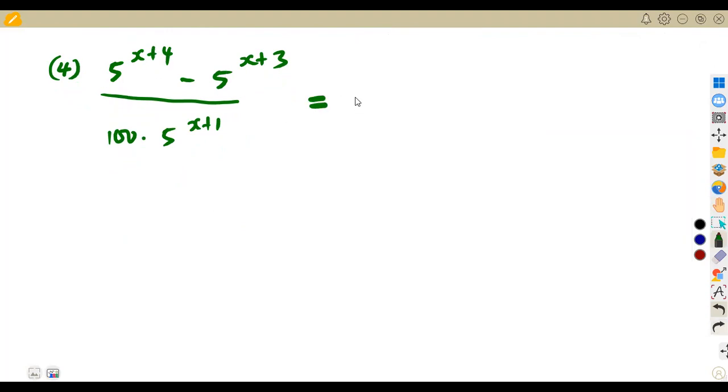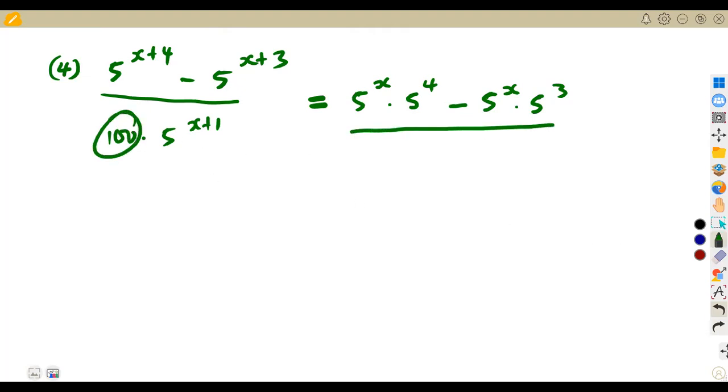So I'm multiplying, so I'm going to have 5 to the exponent of x multiplied to 5 to the exponent of 4 minus the same here, 5 to the exponent of x multiplied to 5 to the exponent of 3. Okay? In the denominator here, I already have a 100, so do not worry about that. It does not have x, so just rewrite as it is. Focus on this one.